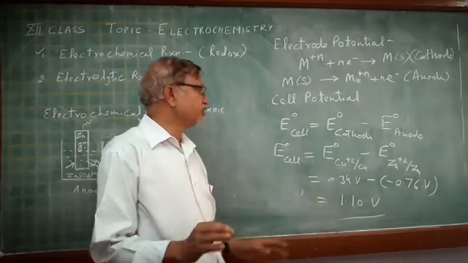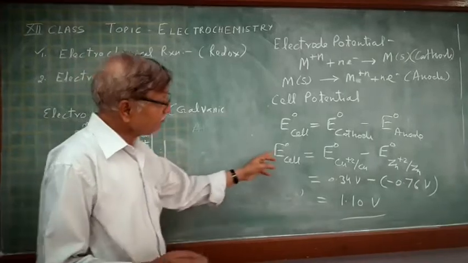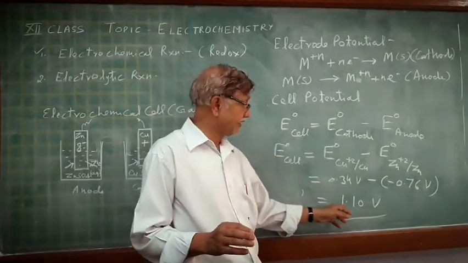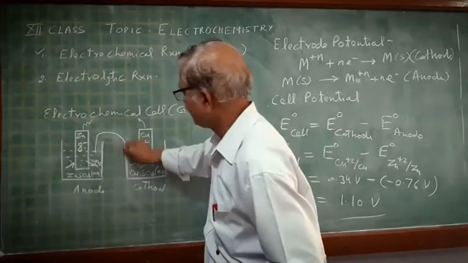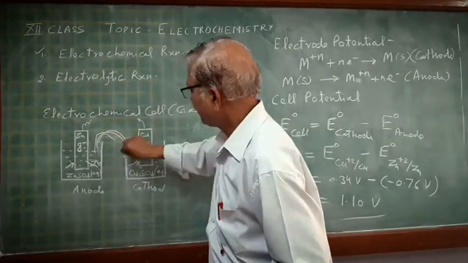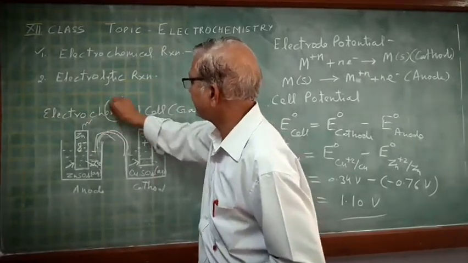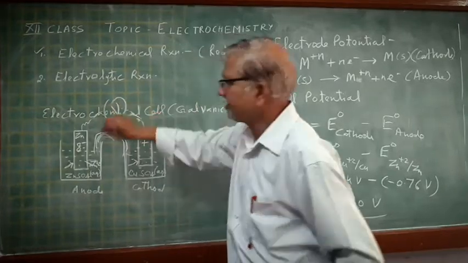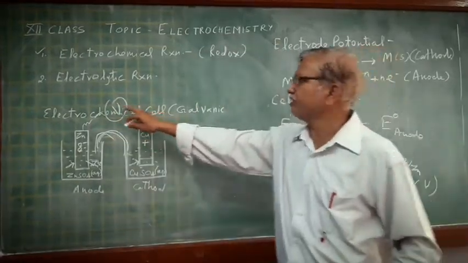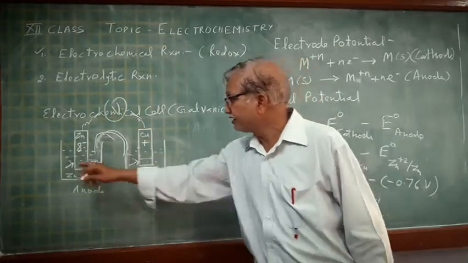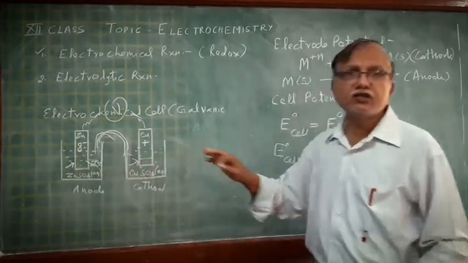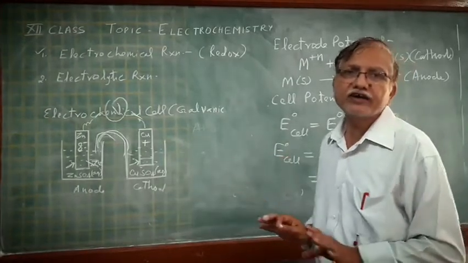Here one very important thing: if E0 potential of the cell is 1.1, suppose we are using this galvanic cell and this is the salt bridge, and here we apply a voltmeter. If the voltmeter reads 1.1, meaning the external potential difference is 1.1, then in the cell there is no flow of electric current.